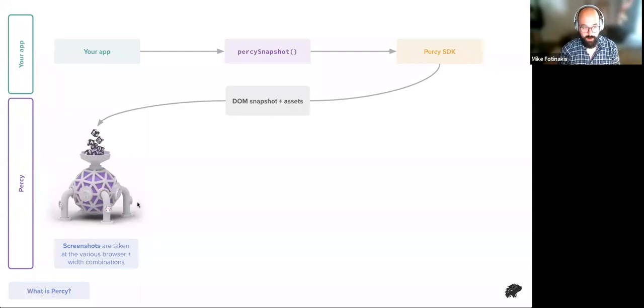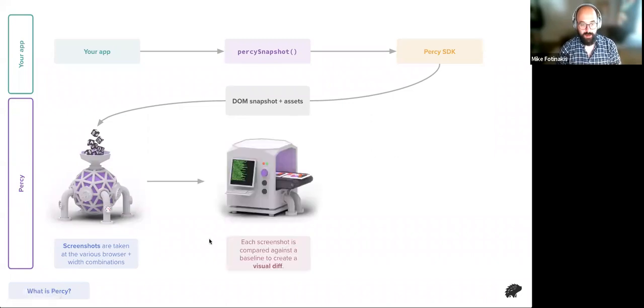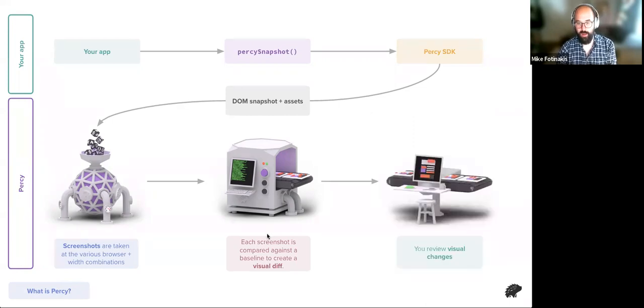That goes through our visual rendering infrastructure, which when we first started was Chrome and Firefox, and is now 6 different browsers and devices. Then each screenshot is compared in our visual diffing infrastructure, and we're going to spend a lot of time talking about this particular piece today. After that, your changes go through a visual review process.